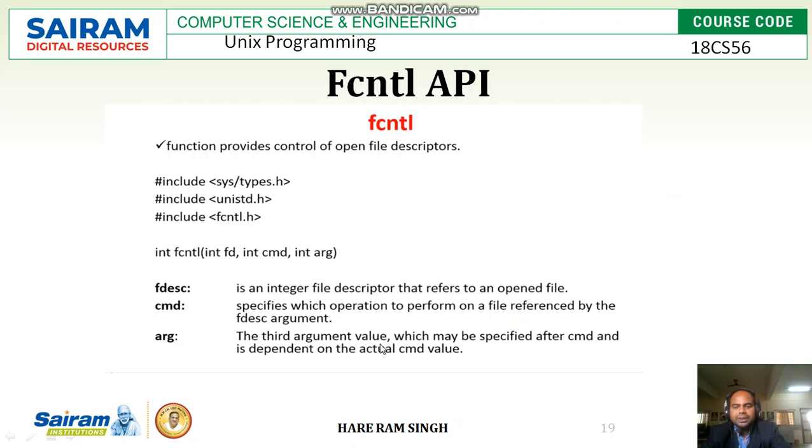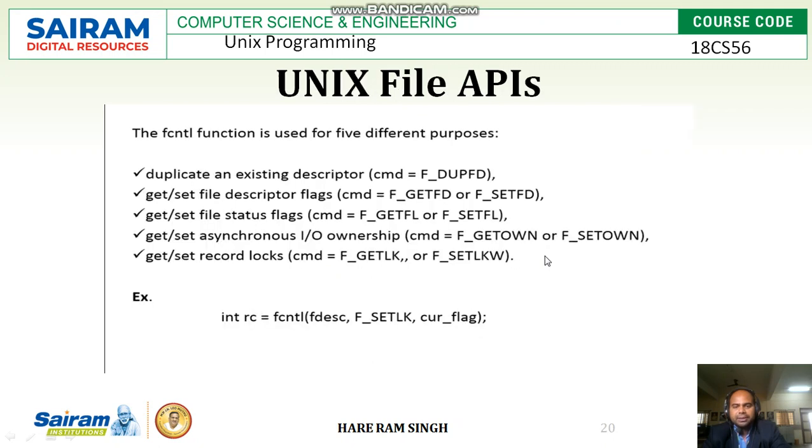Next, the argument. The third argument value may be specified after the command and is dependent on the actual command value. So for different command values, the argument value will be different. Let us see how it works.